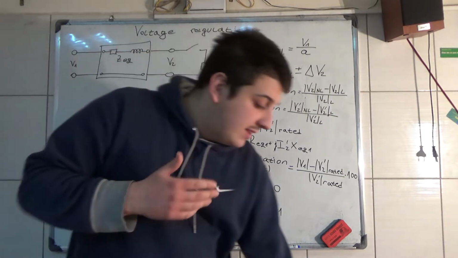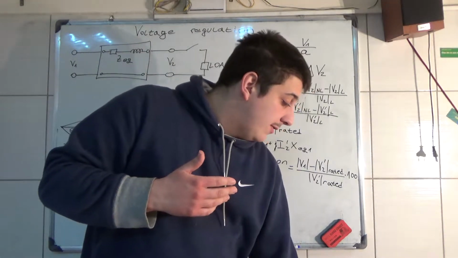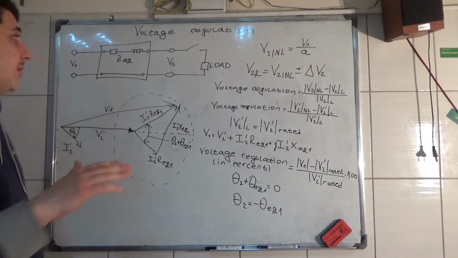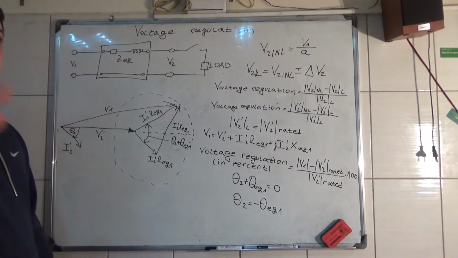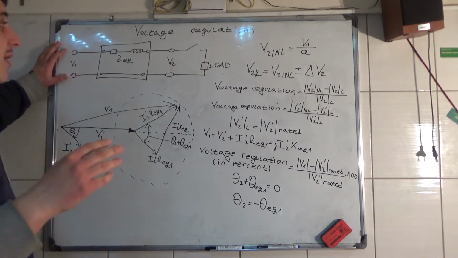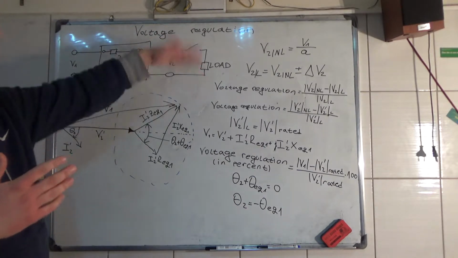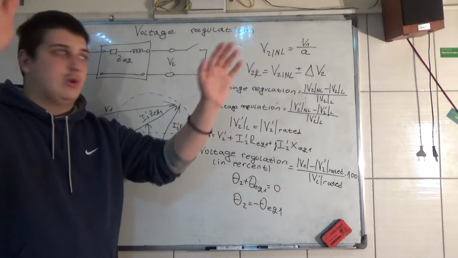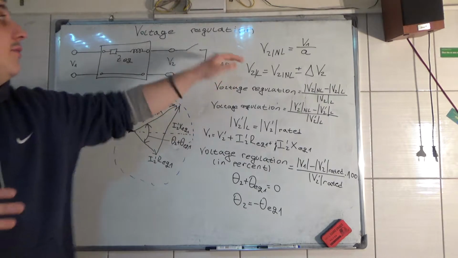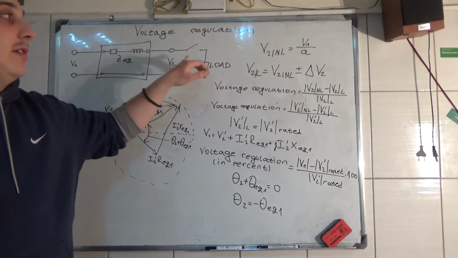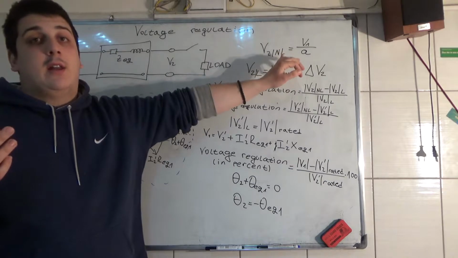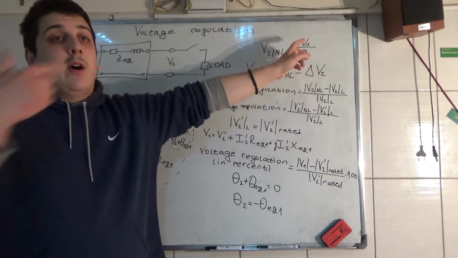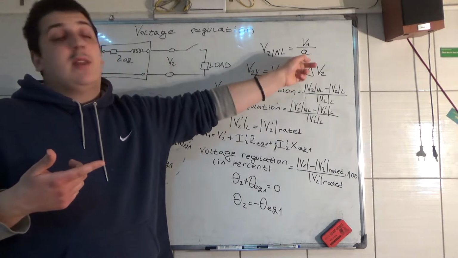Now if you look at this picture, this is the basic principle of a transformer. It has an internal resistance, impedance, and here we have a primary and the secondary side. If we open the switch, so we disconnect all the loads in households and all of that, then the voltage on the secondary, V2 NL, this is no load, is equal to V1, the primary voltage, divided by the turns ratio.